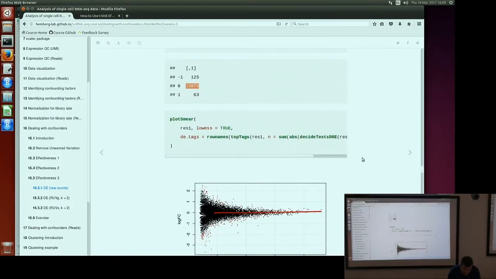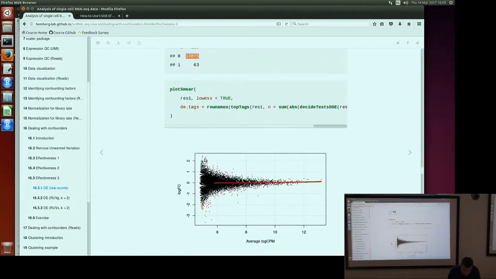And if we plot this here, we see these genes in red. So in this plot of log fold change against average expression, these genes in red, on the fringes, are those that are nominally differentially expressed between batch 1 and batch 3 for this individual.